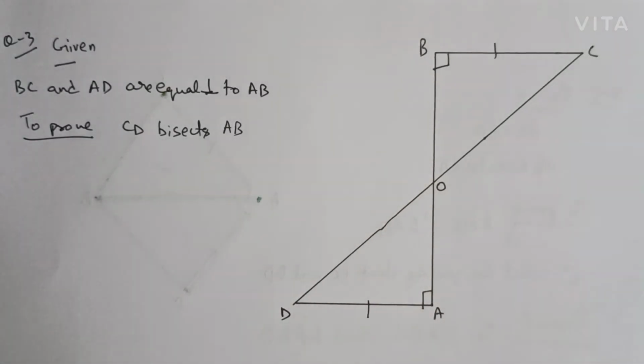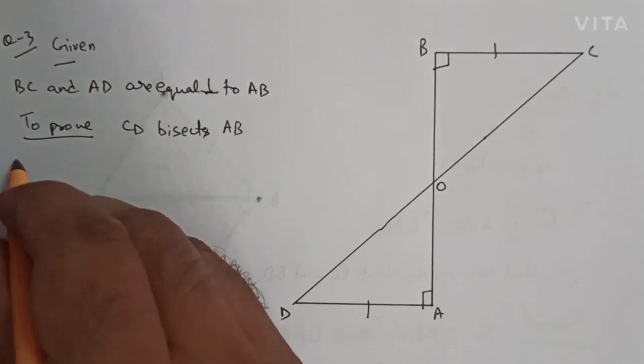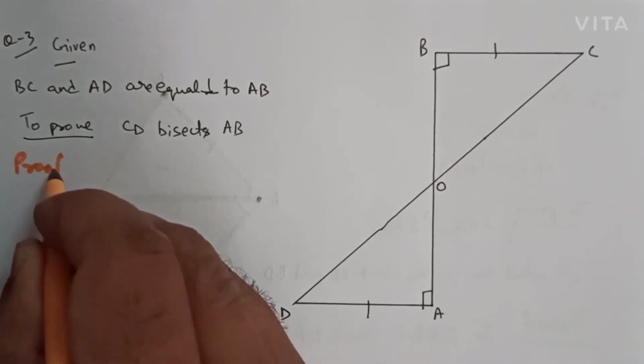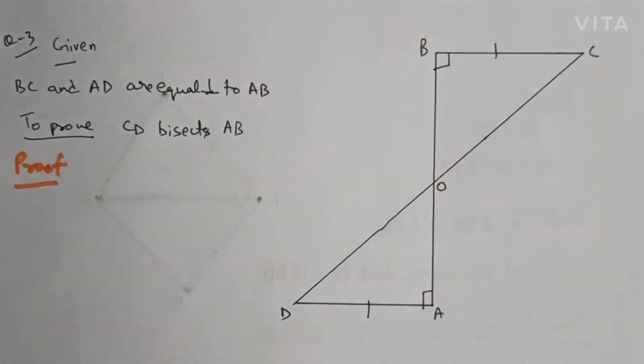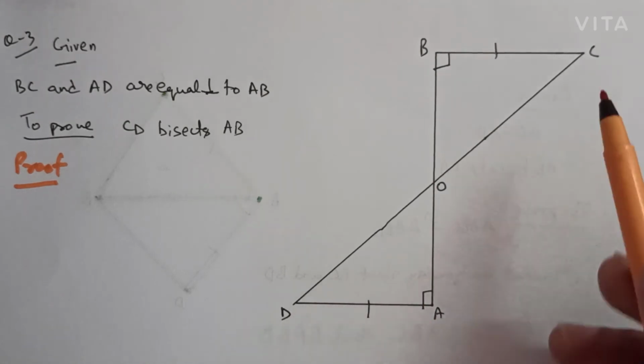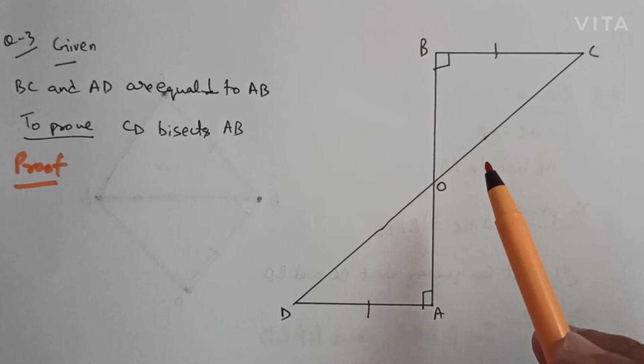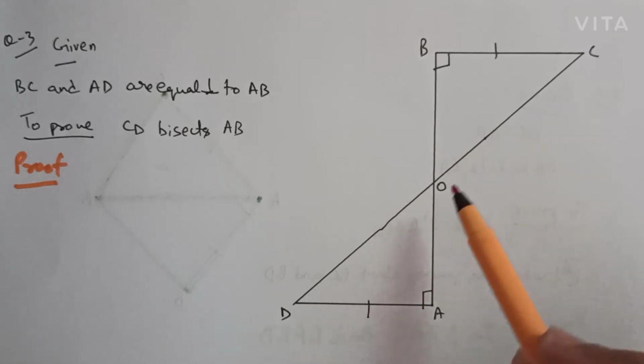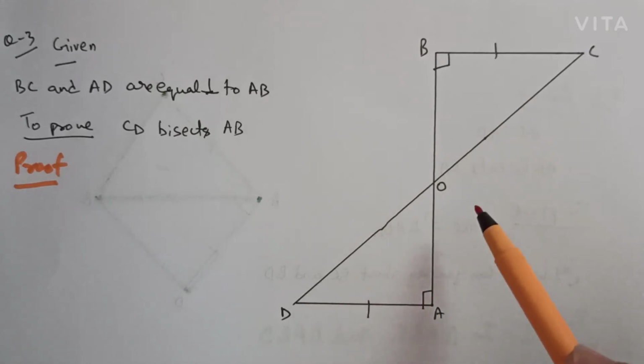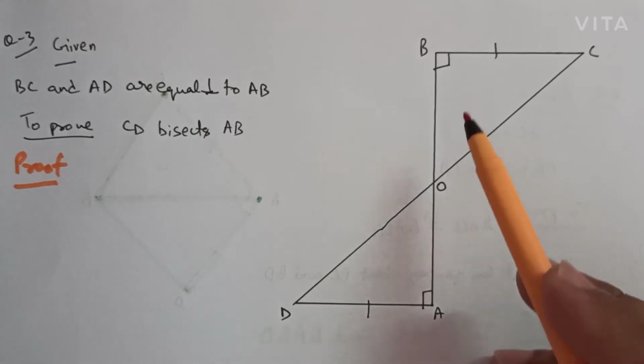Now we will start our proof. So what will be our plan of action? How can we prove that AO is equal to BO? For that, first of all, we have to prove this triangle, that is triangle AOD and triangle BOC as congruent. And once we prove these two triangles as congruent, then we can prove that AO is equal to BO.